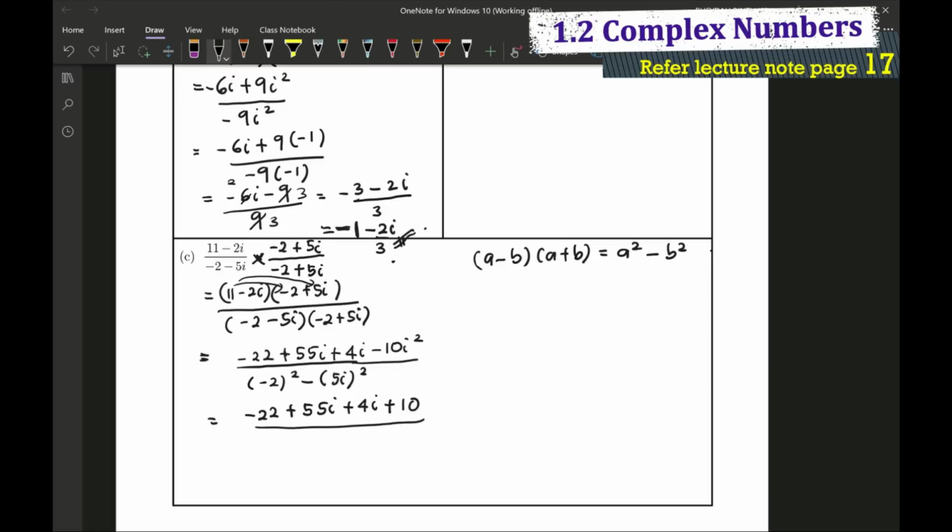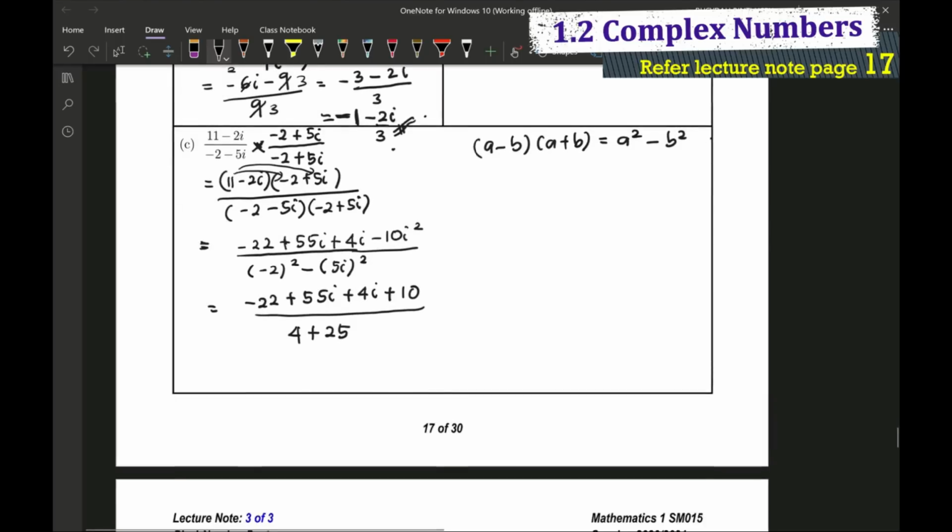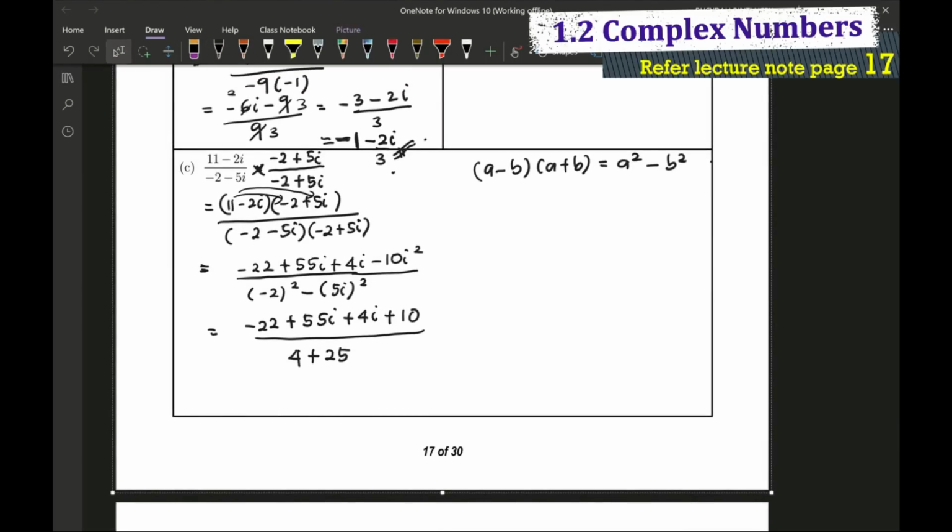Over this one will become 4 minus 25i squared; i squared becomes negative 1, negative multiplied by negative becomes positive, so plus 25. So now it will become negative 22 plus 10, which is negative 12, plus 59i over 29.